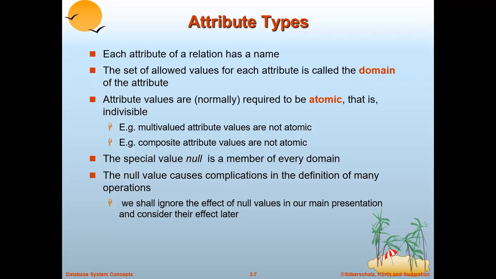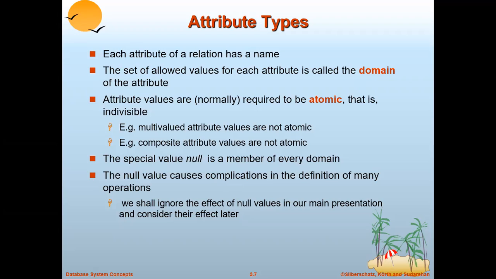So null value is a member of every domain. If nothing is there, null will be there. Now this null value causes complications in the definition of many operations. This is only for information. How it can affect and how we can ignore that effect, we are going to see in coming lectures.